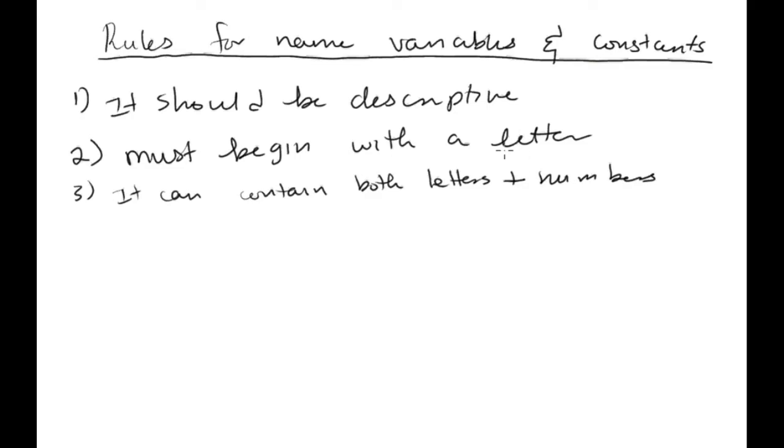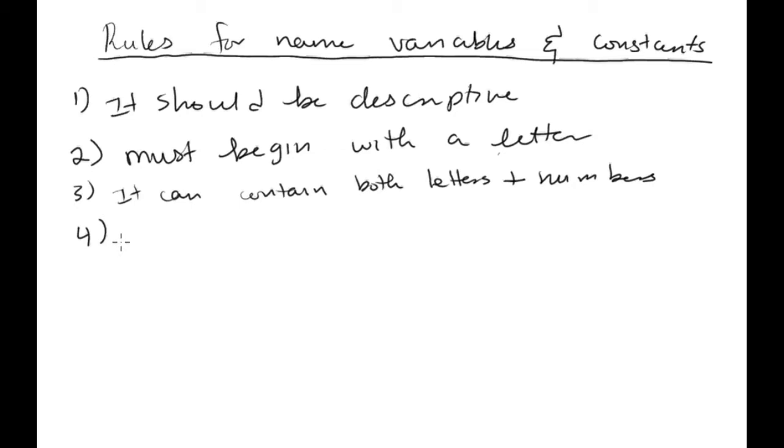Right? However, it must begin with a letter. So earlier I had num1. So I have letters and a number. However, I can't do something like this. It's not possible because I must begin with a letter at all times. Okay?